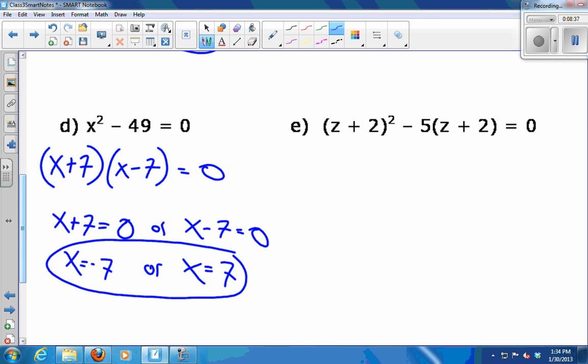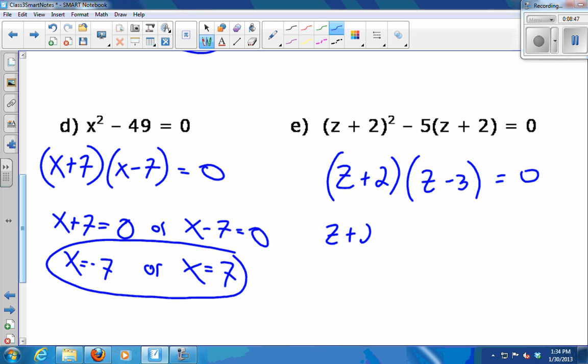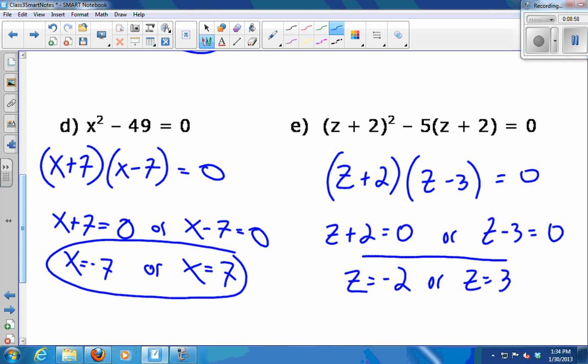And then this one, we decided it factored to what? z plus 2 times z minus 3. So set z plus 2 equal to 0 and z minus 3 equal to 0. And we get z is -2 or z is 3.